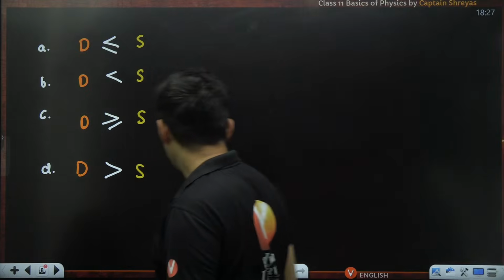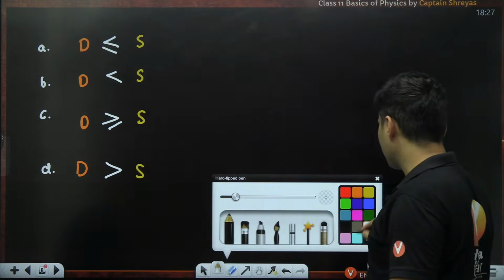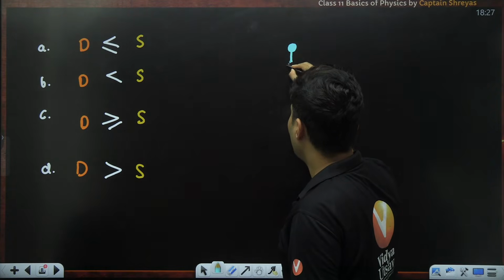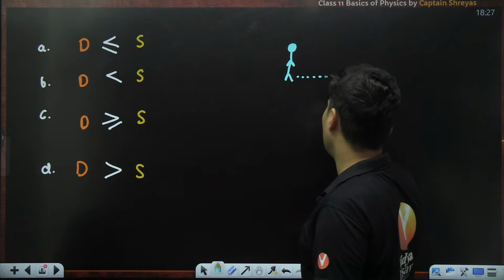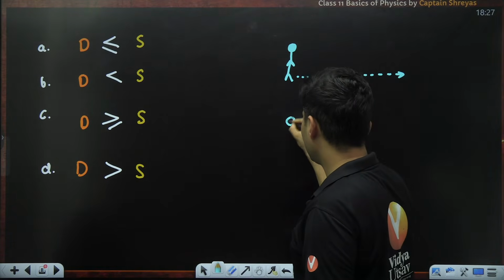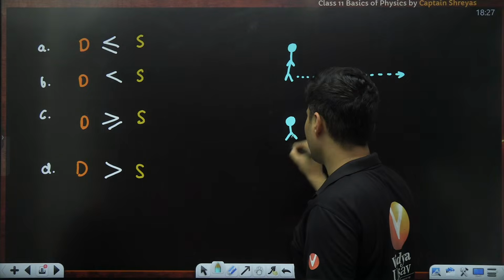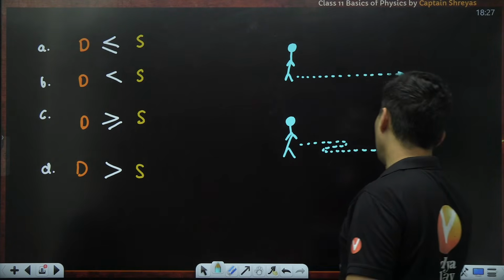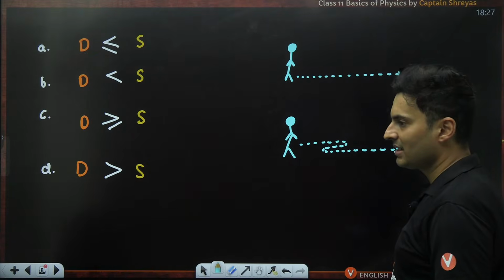Well, think like this. If there is a Pandu, and that Pandu goes in a perfect straight line, versus that same Pandu goes front, goes back, and again goes in the front like this.